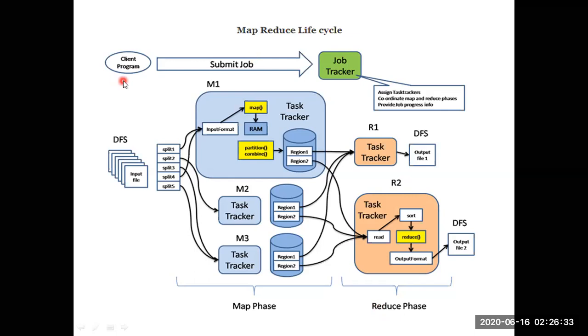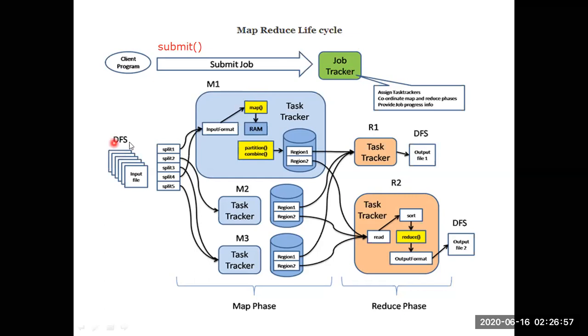Initially I have the client program. I am submitting my client program with the help of the submit method. It is a single method whereby you can submit your job to MapReduce. That will be given to the job tracker.